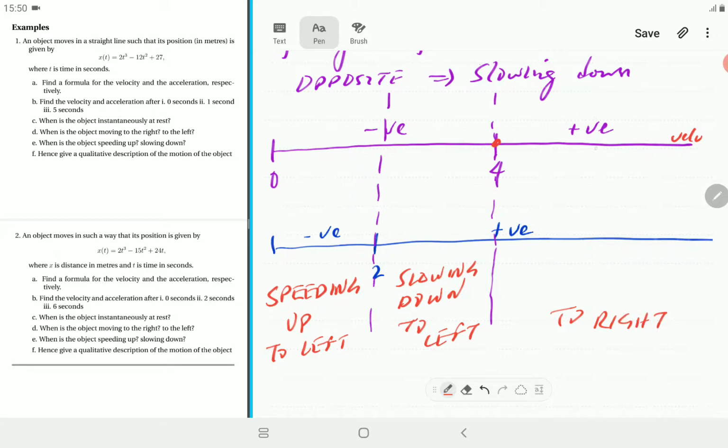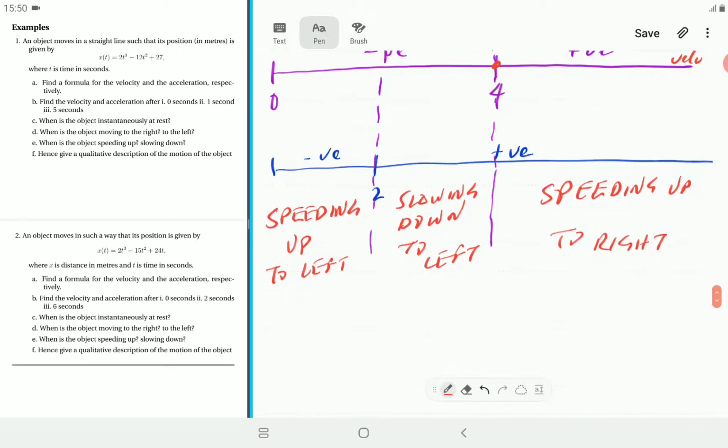The velocity is positive. The acceleration is also positive. So that means it's now speeding up to the right. Okay, so that is sorting out question number E.